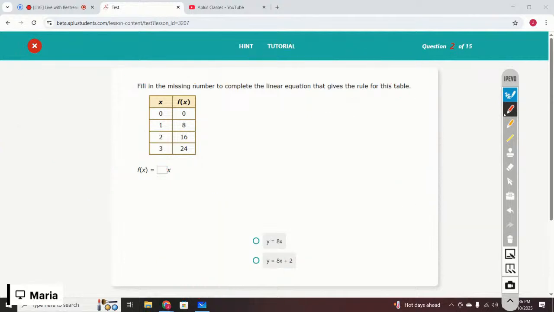Find the missing number to complete the linear equation. So which is the correct option?